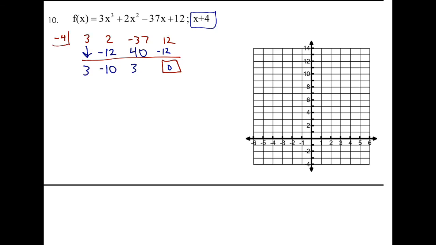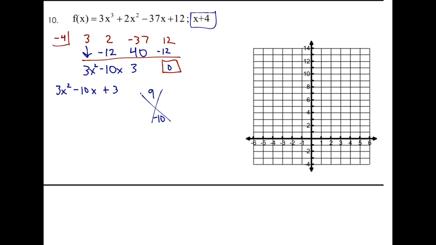So count backwards. X to the 0, x to the first, x to the second. That leaves us with 3x squared minus 10x plus 3. Now we have to factor. This times this is 9. So 9. B term always goes here.